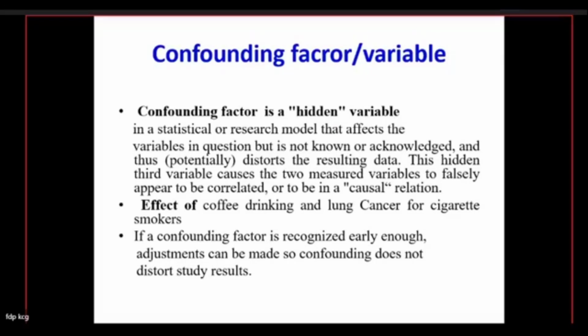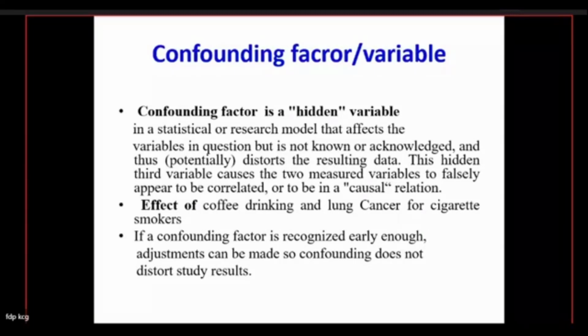In a statistical or research model, it affects the variable in question, the variable you want to study, but it is not known or acknowledged. Confounding factors disturb your data, and the data are not scientifically true. This hidden third variable causes the 2 major variables to falsely appear to be correlated or in a causal relationship.